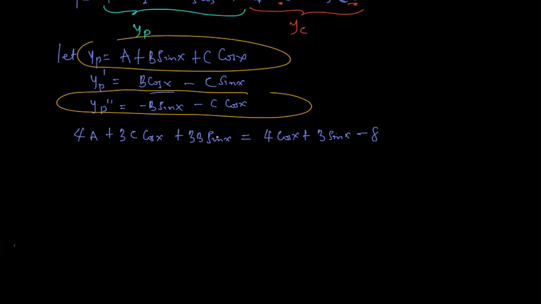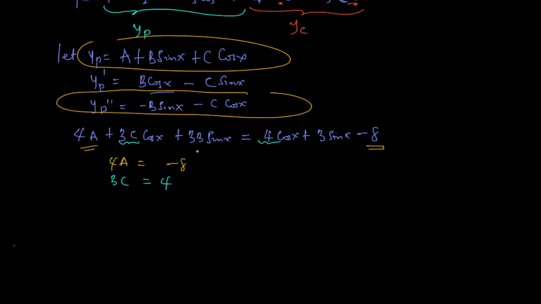So the next thing we want to do is compare coefficients. On comparing coefficients, the constant we have here is 4a, and the constant we have here is negative 8. So we can say 4a equals minus 8. The coefficient of cosine of x is 3c, and the coefficient here is 4. So we'd say 3c equals 4.